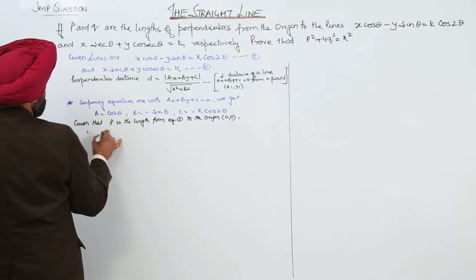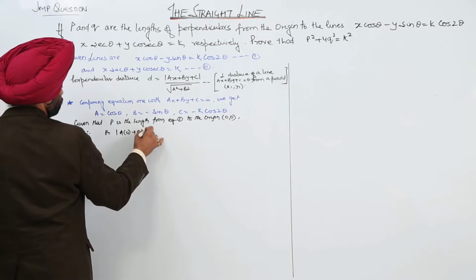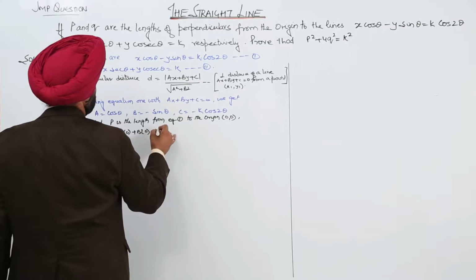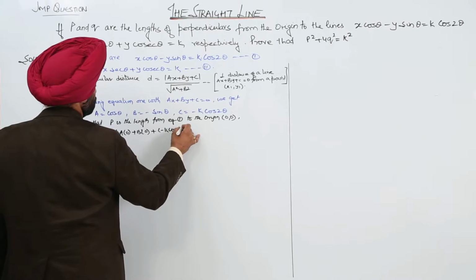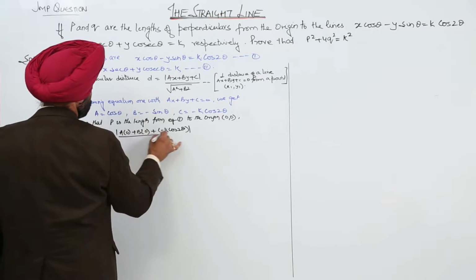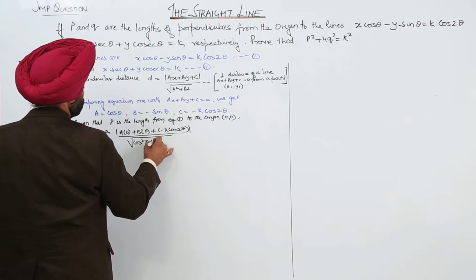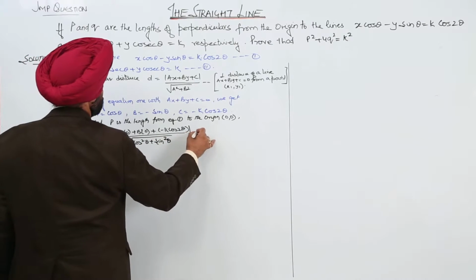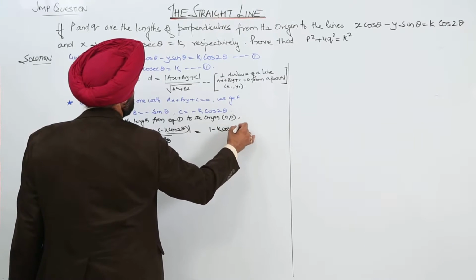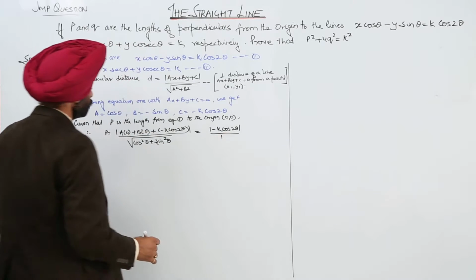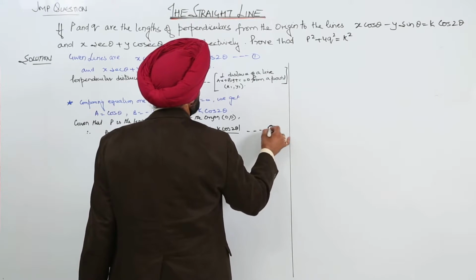Therefore p is equal to a with 0 plus b with 0 plus c, and in place of c we have negative of k cos 2 theta, upon square root of cos square theta plus sin square theta. Now this becomes negative of k cos 2 theta upon 1, since cos square theta plus sin square theta is 1. Let this be equation number 3.